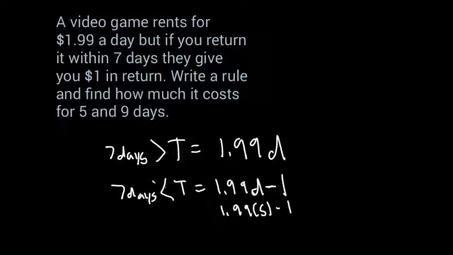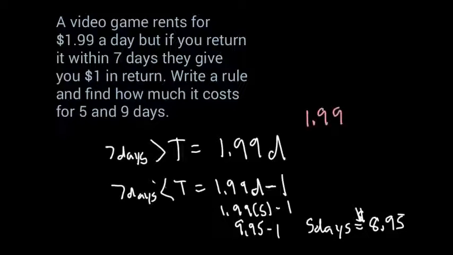So $1.99 times 5, really what you're thinking about is $2 times 5 would be $10 minus 5 cents. So that would be $9.95 minus $1. So for 5 days, it would cost you $8.95. Then for 7 days, it would just be $1.99 times 7. So you can think 7 times 2 is 14, minus 7 cents would be $13.93 for 7 days.